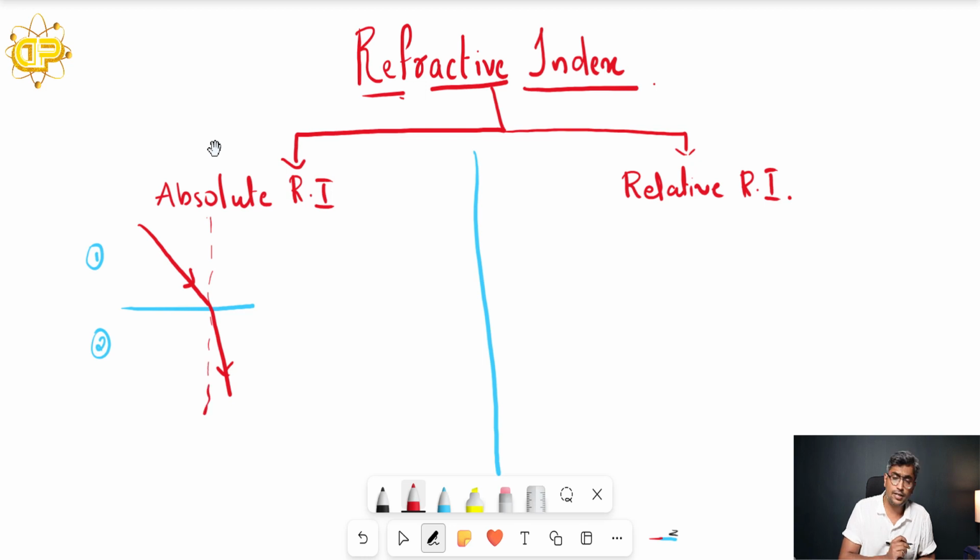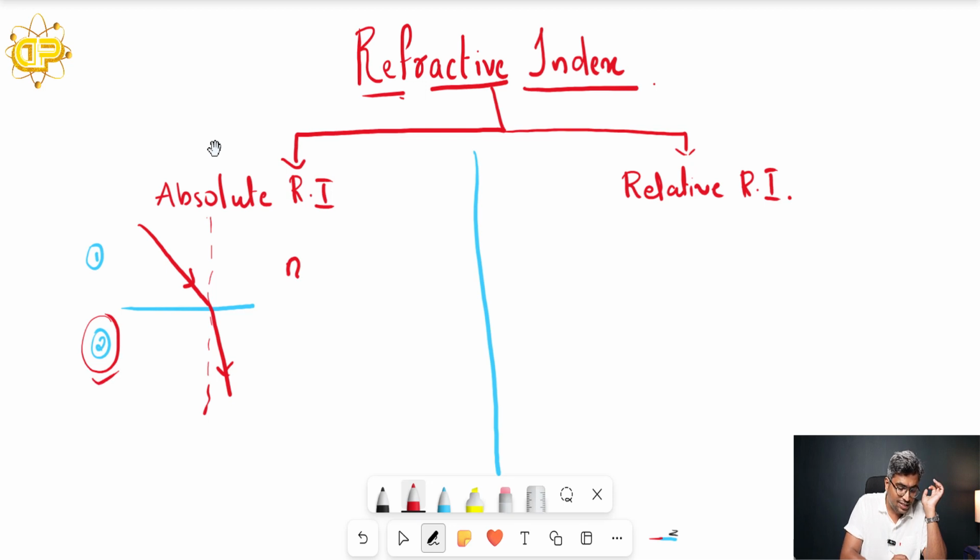Here we are finding the refractive index of the second medium, where the light is bending, that is N2. Or simply, we will not write the 2; simply N means the refractive index of this particular medium.